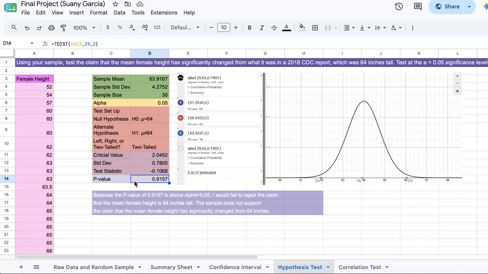So using the significance value of 0.05 over here, the p-value was 0.9157, which is a lot larger than the alpha that we have over here. Therefore, I failed to reject the null hypothesis over here. So my sample does not give sufficient evidence that the average female height has changed from 64 inches.